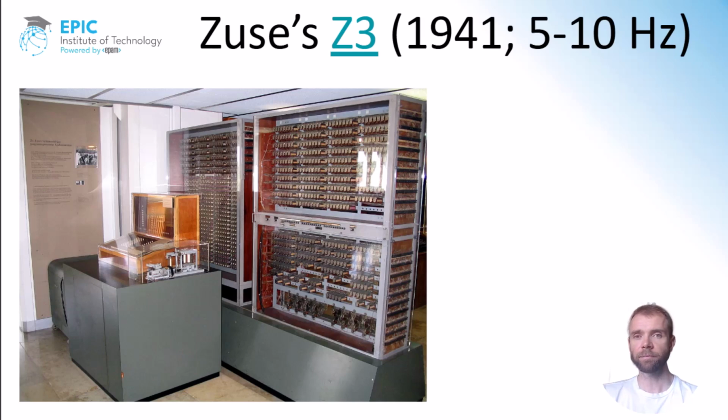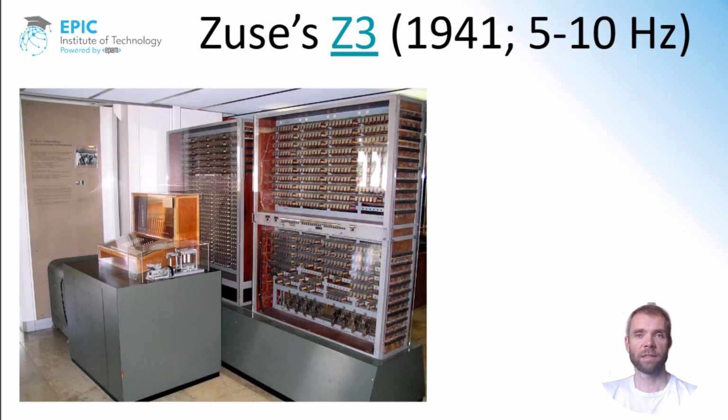This was built in Germany in 1941, and naturally, because of the Second World War, this particular device didn't get that much traction, although many ideas that Konrad Zuse used were actually ahead of their time.